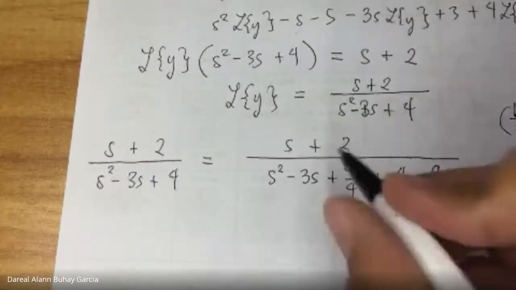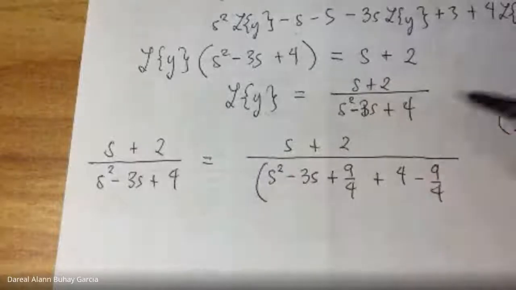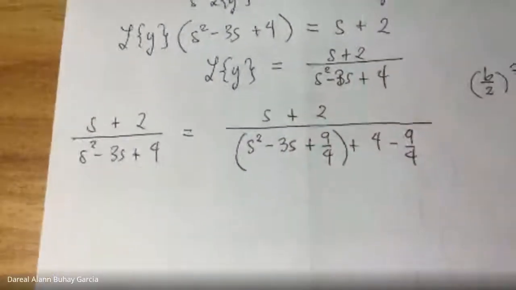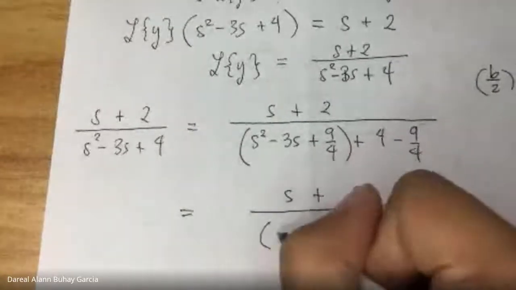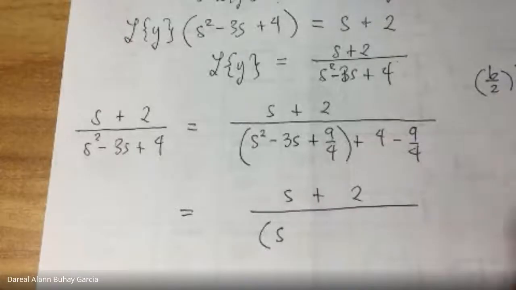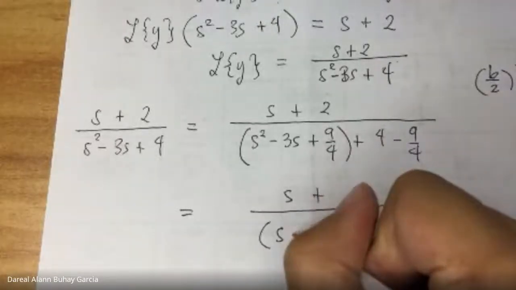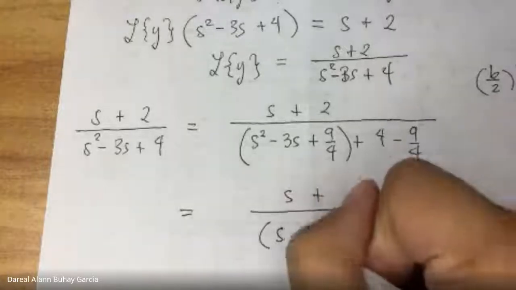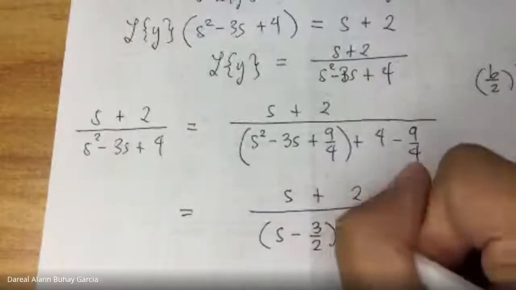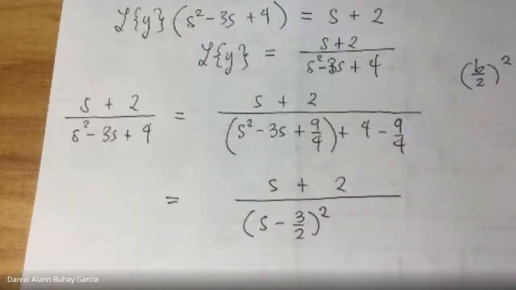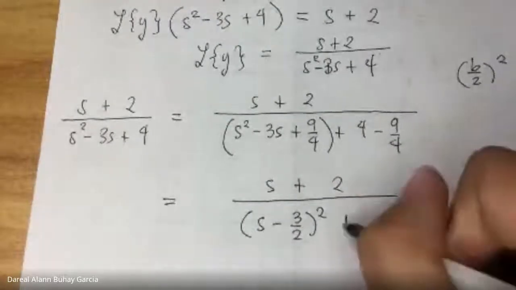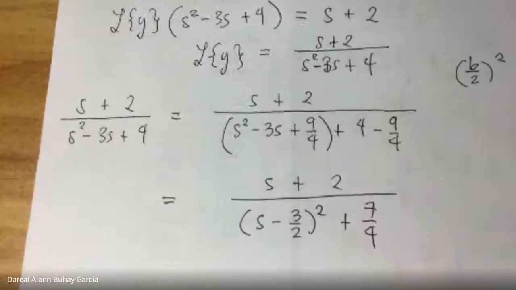Yeah, I think sakto na eh. Sakto ang akong pagkuan. Kani is 7 over 4.